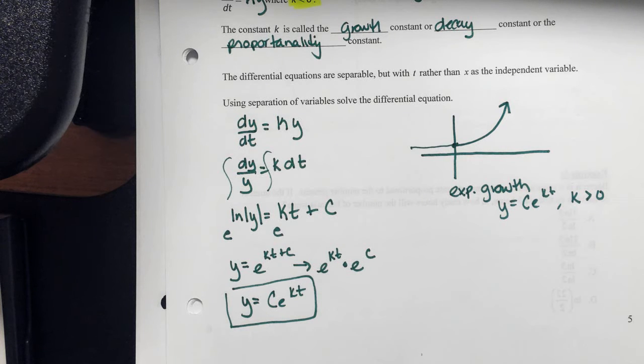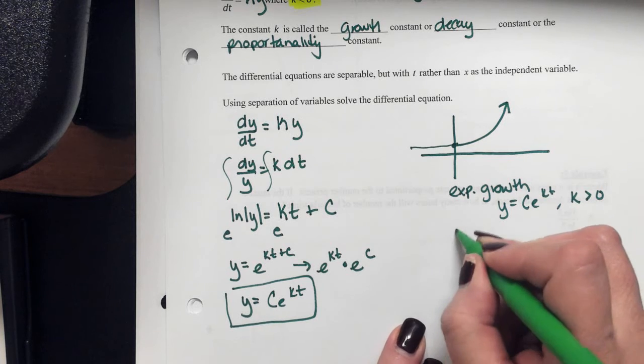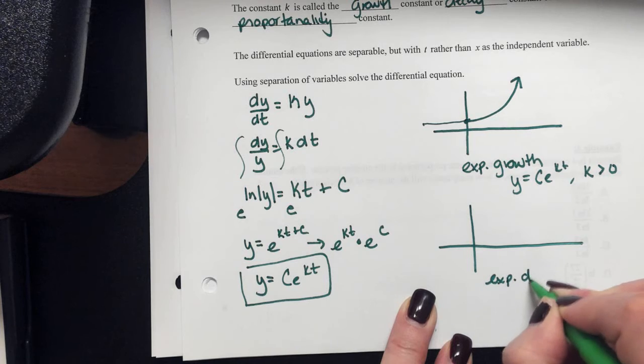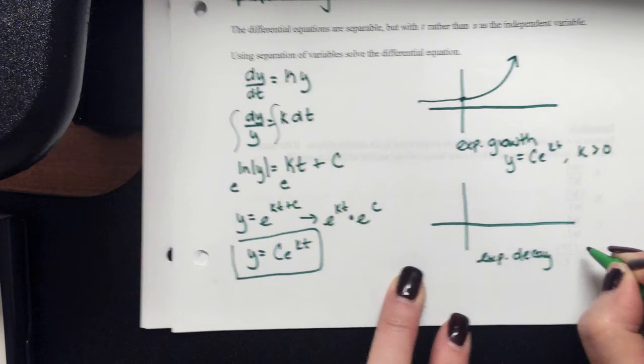Remember, you do have horizontal asymptotes for exponential growth and decay. Where is the horizontal asymptote? It's at y equals 0. It approaches 0.